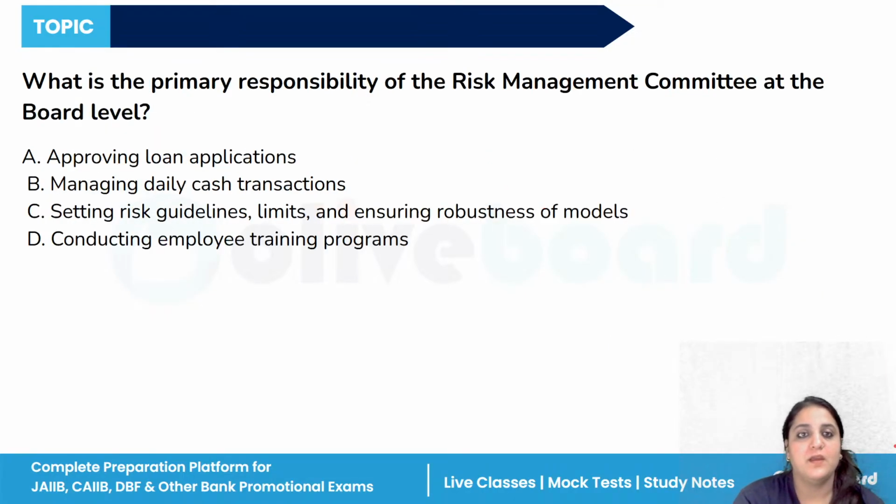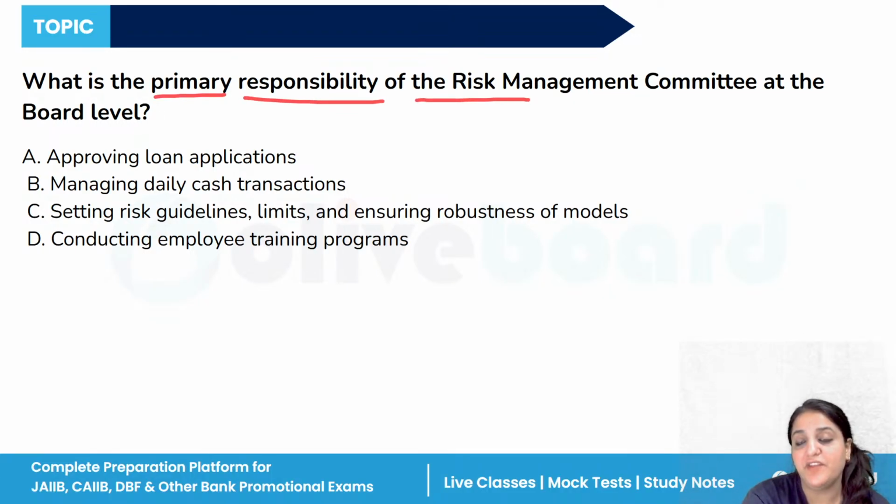What is the primary responsibility of the risk management committee at the board level? I think the next committee after the board of directors is the risk management committee.